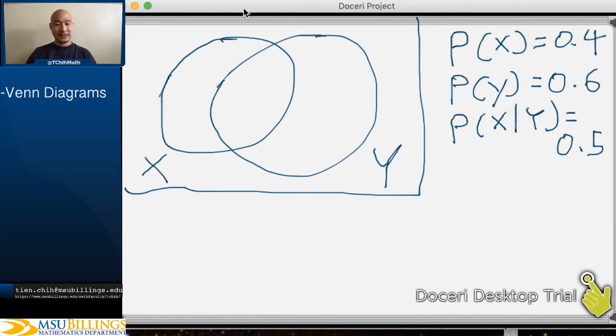All right, so let me just scooch this to the left slightly so it's easier to see. Okay, so let's say we're given this information. Do we now have enough information to try to fill out this Venn diagram?